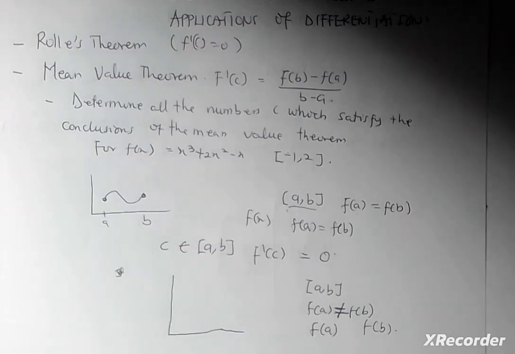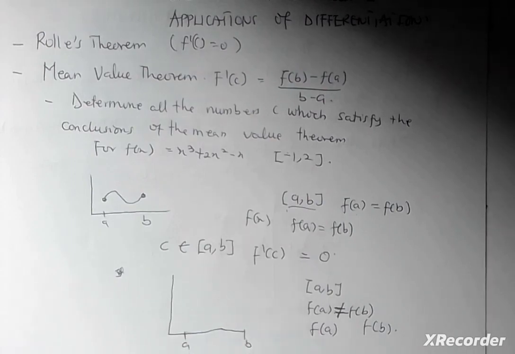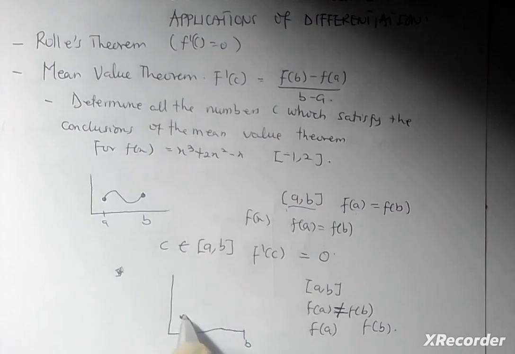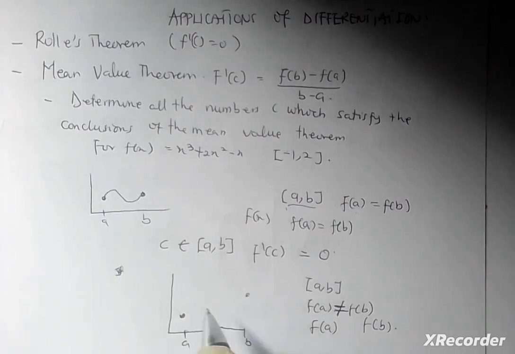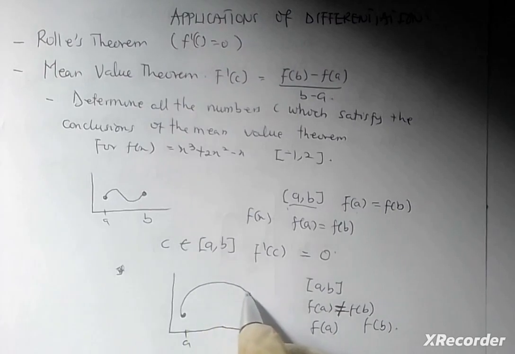So what I'm saying is, if your f(a) and f(b) on this interval a and b are not giving the same functional value, I'll assume a will give a small value here and this will give a value here. Then I'll have my function this way.